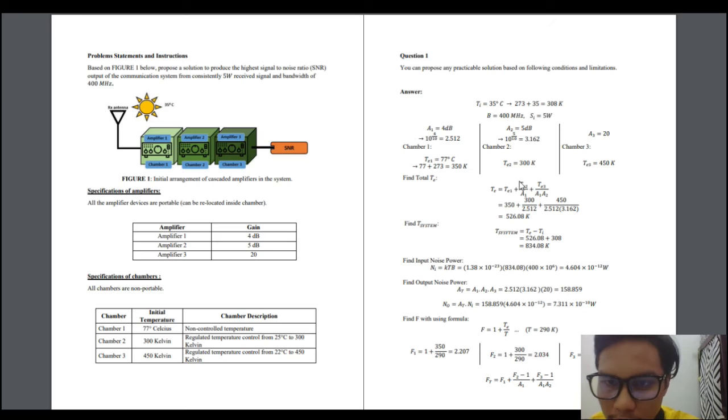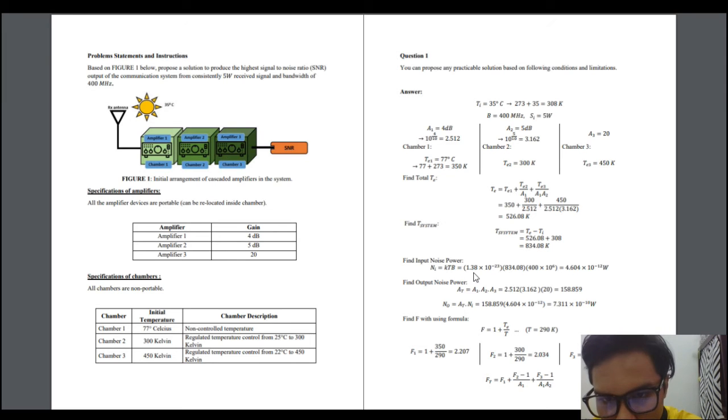So for total TE, using this formula, we get 526.08 Kelvin. The T system is TE plus TI, and we get 834.08. To find the input noise power, using this formula, noise power equals KTB.